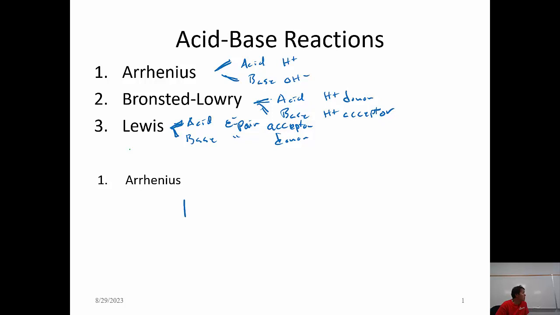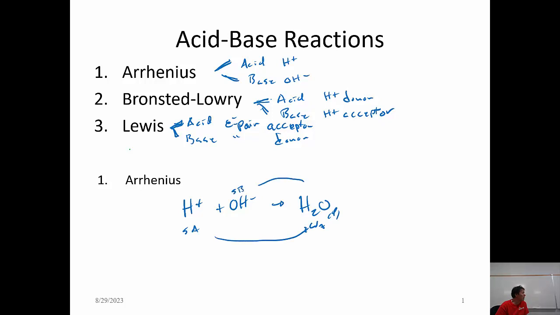Arrhenius acid-base reactions, there's only one, H plus OH minus. What does this make? Makes water. H plus is a strong acid. Water is a weak acid. Hydroxide, this is a strong base.